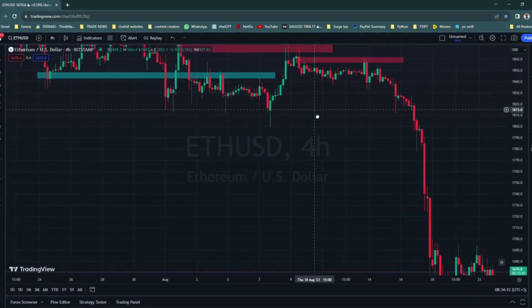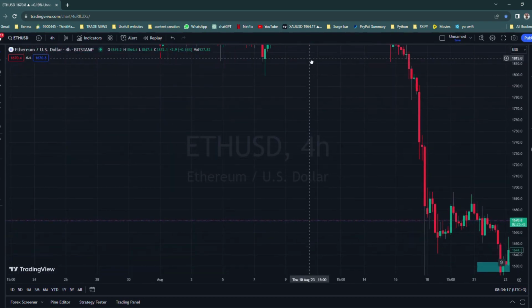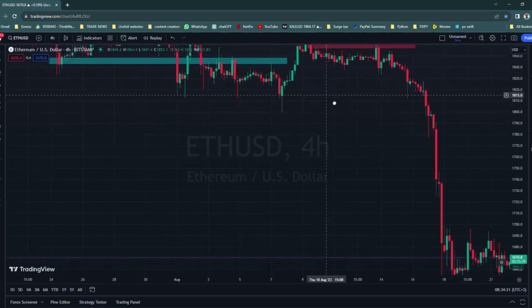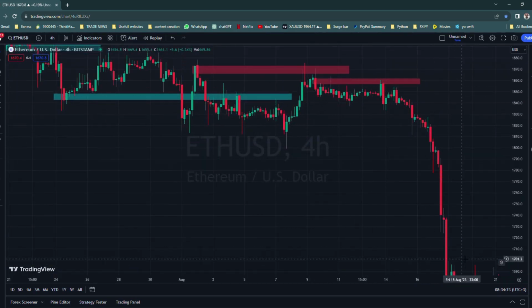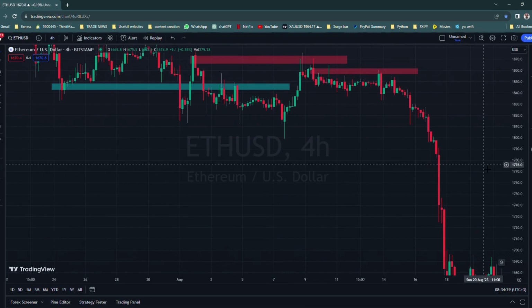It was a very huge move, straight from 1,850 to 1,650. So that is 2,000 pips on Ethereum USD. To catch such a big move, even if you bought one Ethereum, it would accumulate to 2,000 pips.